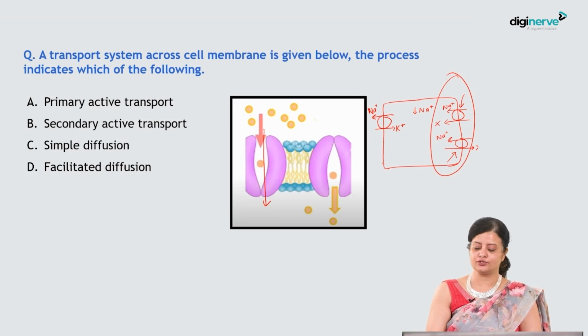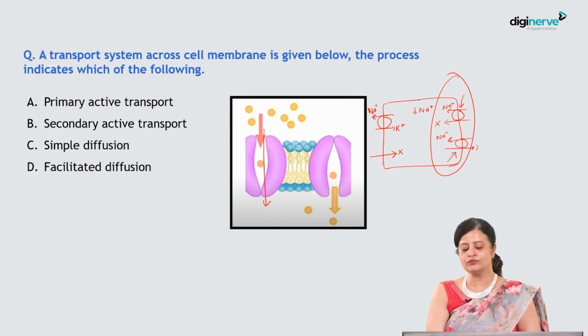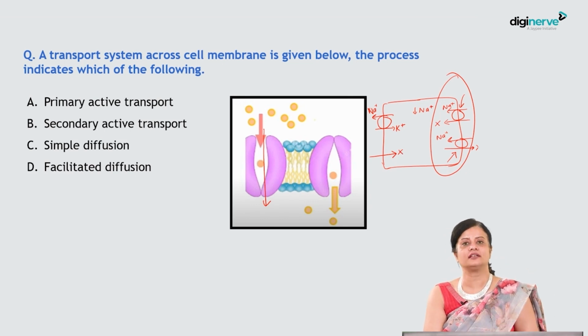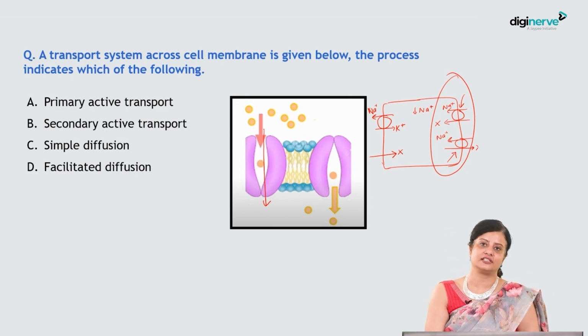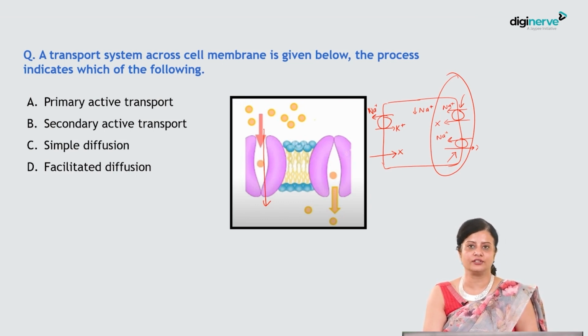In simple diffusion, the molecules simply move across the membrane along their concentration gradient, and it depends on the permeability of that molecule in that cell membrane.